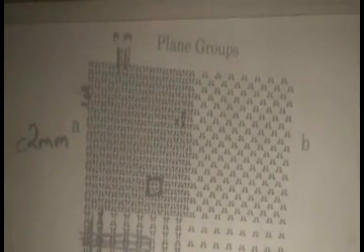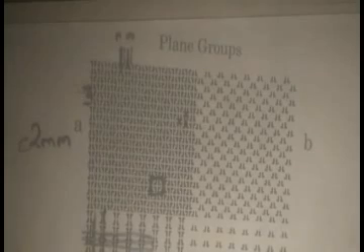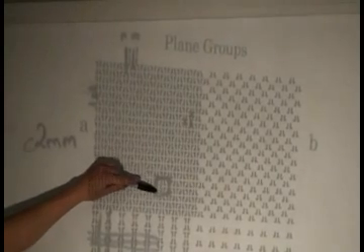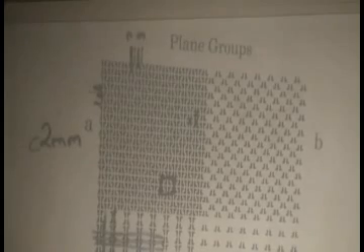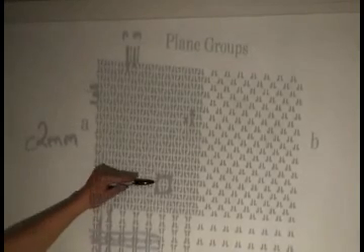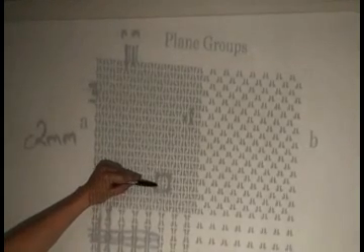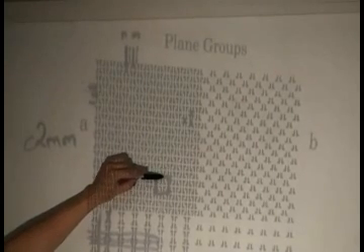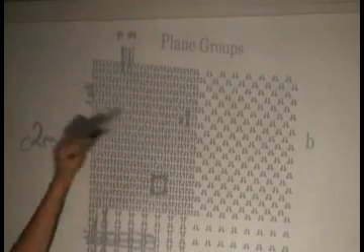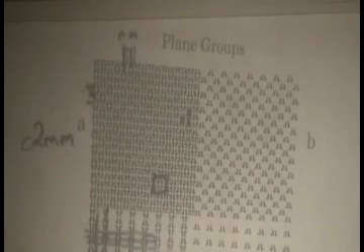This actually gives you a nice example of what we just talked about, okay? This little thing is not sitting in the corner. It's not sitting at 0, 0. It's sitting at some kind of x, y, okay? But if you do 1/2 translation through the unit cell, you meet the same object again, okay?